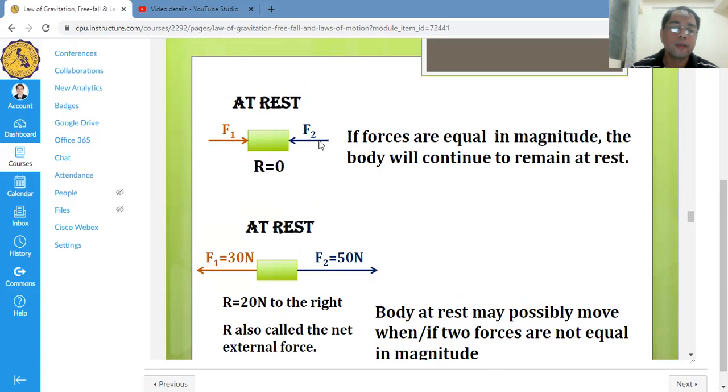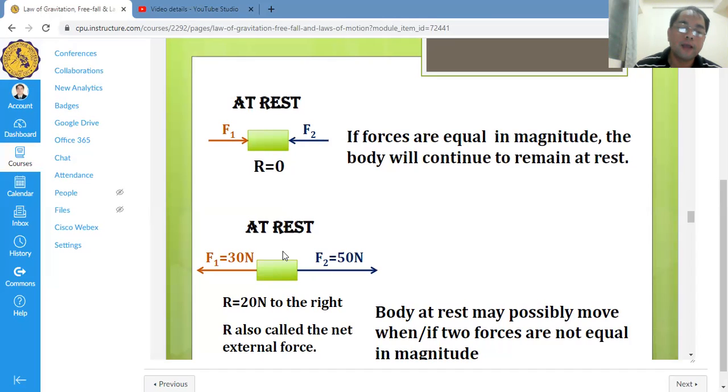If F1 is 30 newtons and F2 is another 30 newtons, and they act in two opposite directions, then their difference is simply zero. We call the difference the resultant. If there's no resultant, then the body will remain at rest. We call those balanced forces. Balanced forces do not create any motion, so the body will continue to be at rest.